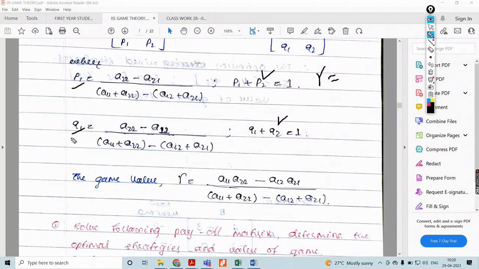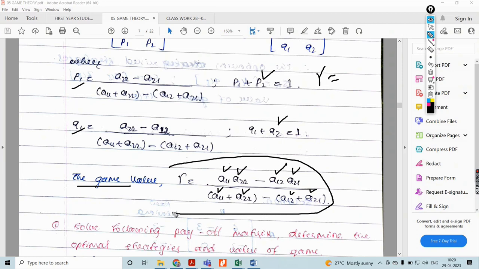To evaluate that, the game value gamma is equal to (A11 into A22 minus A12 into A21) divided by (A11 plus A22 minus A12 minus A21). This is the formula for your game value.